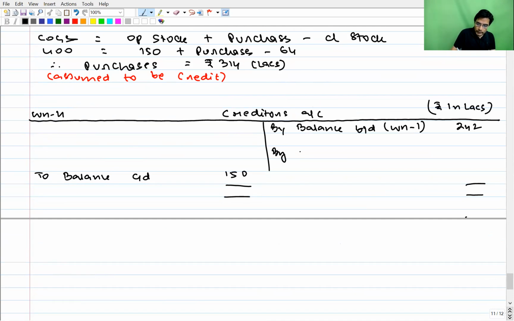The total credit purchases made during the current accounting period is 314. Just now we have determined it in working note number 3. The balancing figure of this account will give us the payment which we have made to suppliers for credit purchase of goods from them.